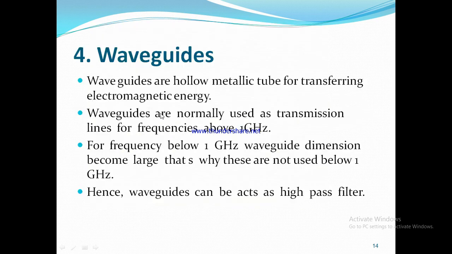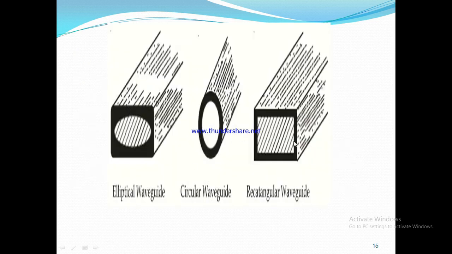Coming to the waveguides. Waveguides are hollow metallic tubes for transferring electromagnetic energy. These are normally used as transmission lines for frequencies above 1 GHz. We have three types of waveguides: elliptical waveguide, circular waveguide, and rectangular waveguide.